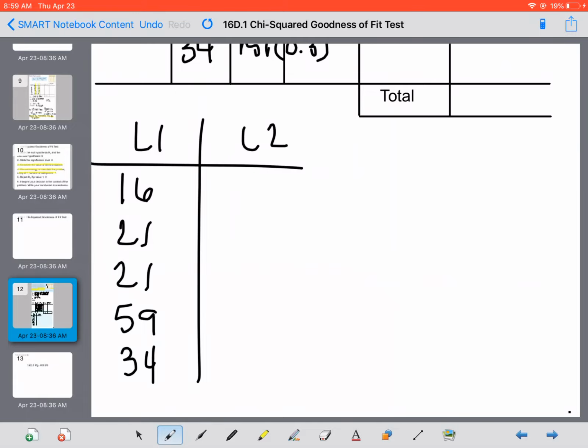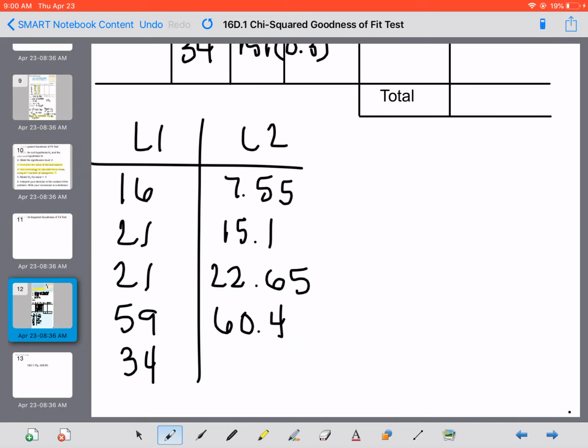And then when I take 151 times 0.05, I get 7.55. And then I get 15.1, 22.65, 60.4, and 45.3. So we've figured out our expected, so now we have to go to our calculator.